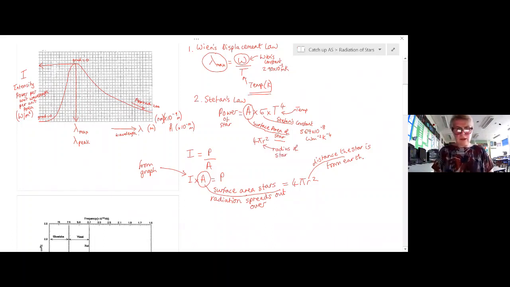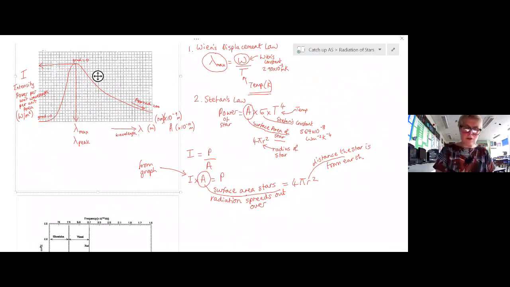So can you see the difference and how we've got to handle this and be very, very careful? Because you've got to remember that the graph of intensity against wavelength shown over here is just a fraction of the power from the star, and we have to track back to get the total power of the star.